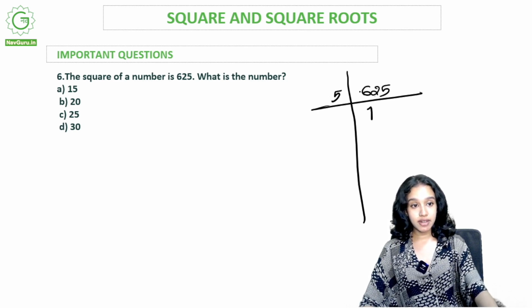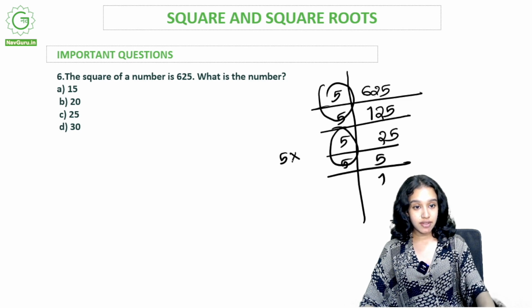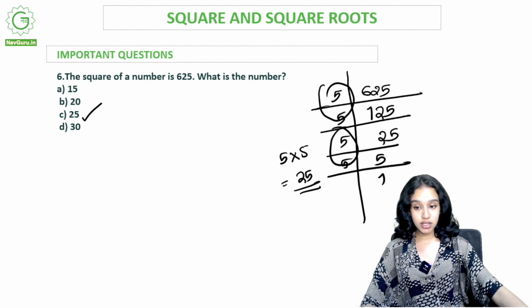So 1 5 is 5, 2 5s are 10, 2 25, 5. So again 5, 2 5s are 10, 25, 5, 5 5s are 25, again 5, here we get 1. So we get 2 pairs of 5 here, which means 5 into 5, which gives us 25. So 25 is the answer to the question.